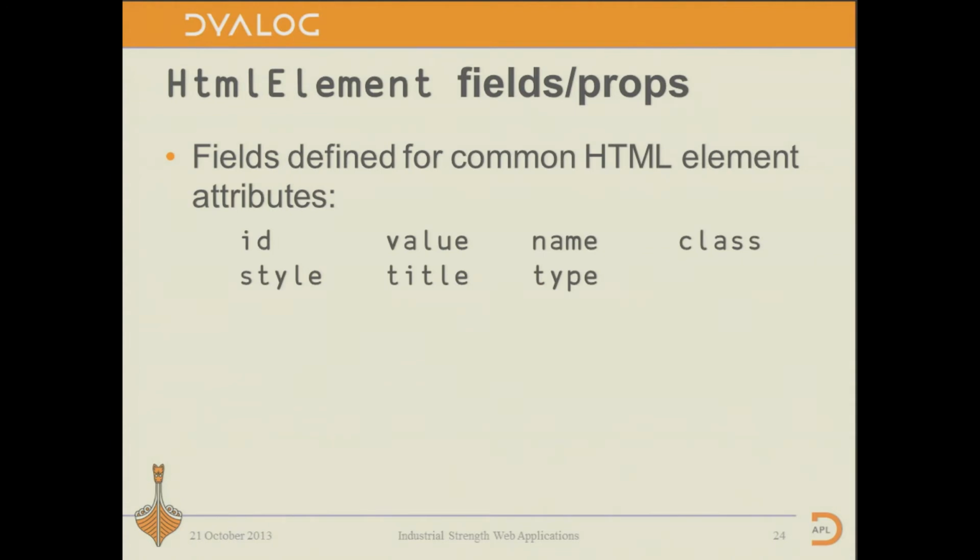This is something I wrestled with in the design of the HTML element, because I was either going to go one way or the other. I was either going to implement all global attributes that you could have for an HTML element as assignable fields, in which case there are 108 of them, and I said, well, we really don't want to carry that baggage around with every instance of every element.